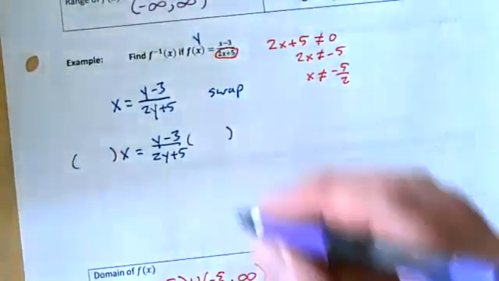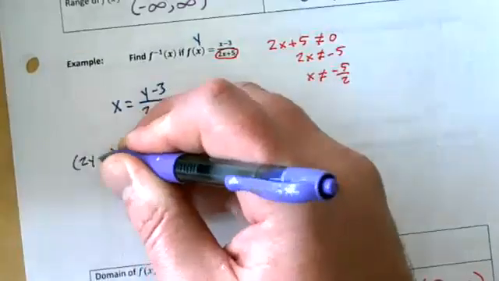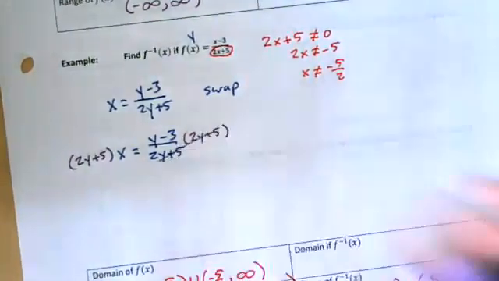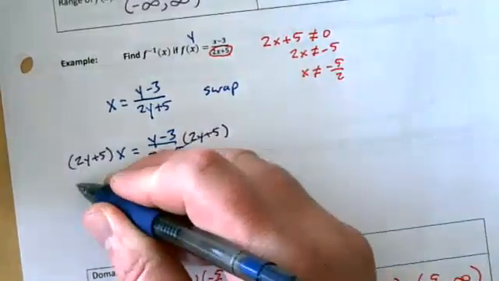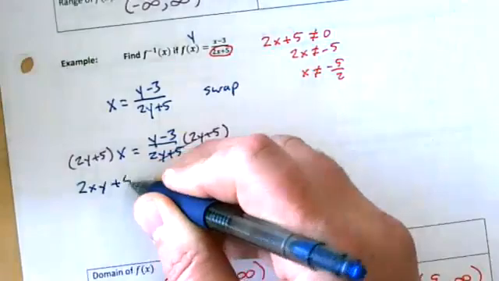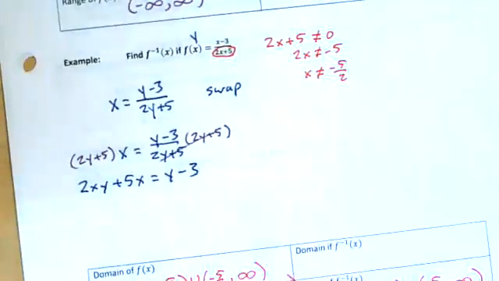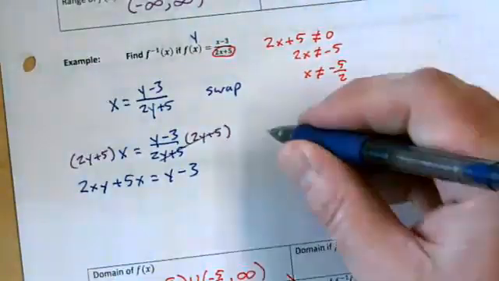Let's multiply by 2y plus 5 on both sides. So that's going to cancel over here. We're going to be left with, let's go ahead and distribute that x, 2xy plus 5x. And over here, all we have left is the y minus 3 that was in our numerator. So we cleared the denominator in that second step.